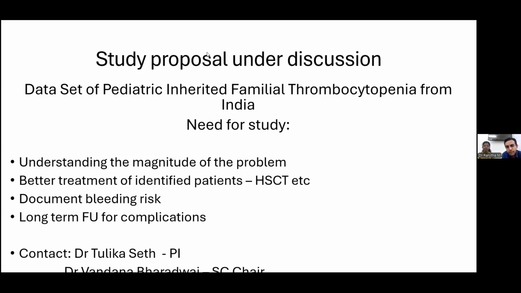a so-called ITP which doesn't seem to resolve with multiple lines of therapy, a very stable platelet count, which is always 40, 50,000 and is not really changing very much. Some difference in the platelet morphology is sometimes helpful, but I'd like to point out that not all inherited thrombocytopenias would have a difference in morphology. And sometimes simple clinical examination helps. What we do at the bedside: any dysmorphism in the patient, any past history of nephritis, any family history of nephritis, cataracts.